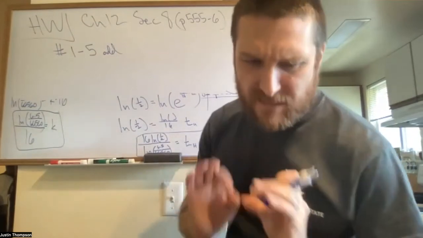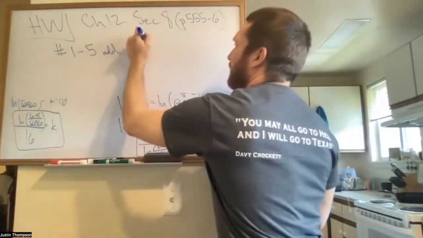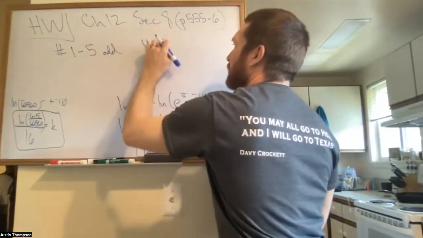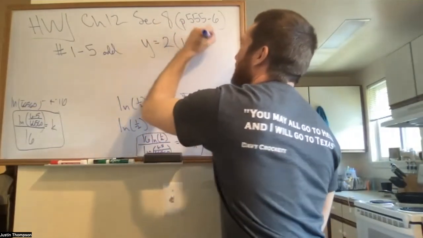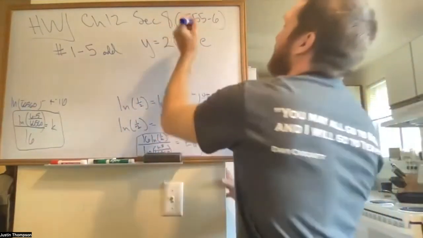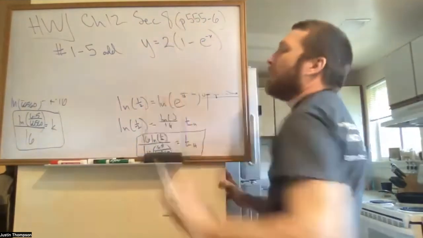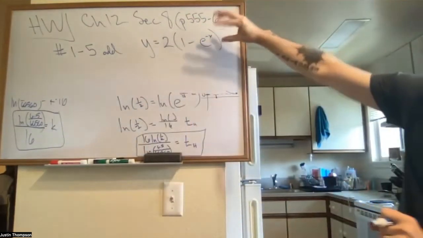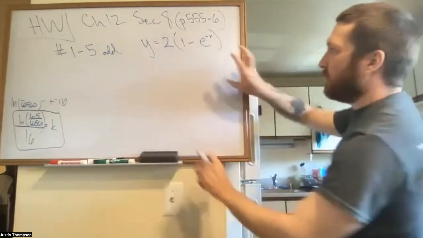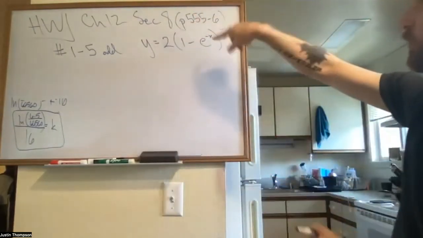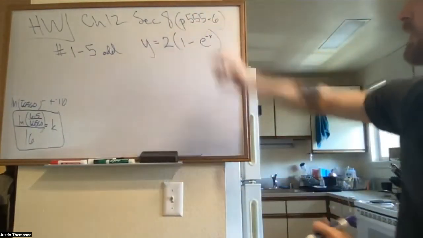Okay. So for instance, here's one. It'll say graph this, y equals, here's one that you don't have, 2 times 1 minus e to the negative x. What I would do is start with, well, I know what e to the x looks like. I start with the innermost thing. Look at what happens to x and then start working your way out.